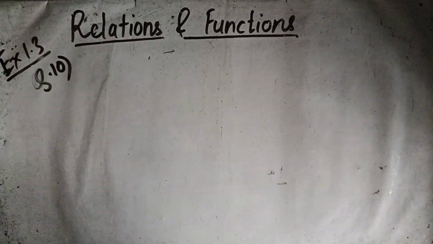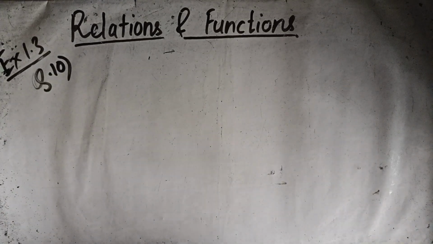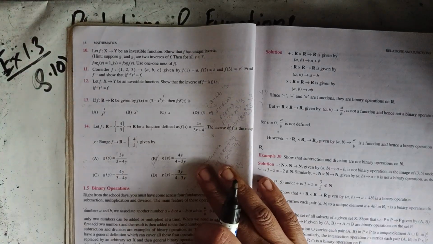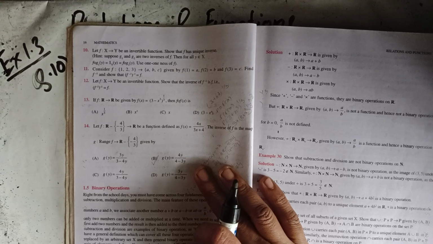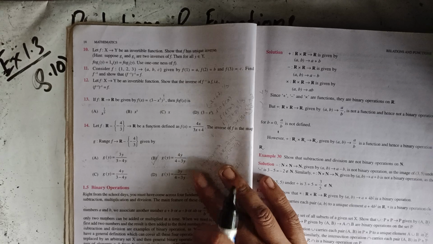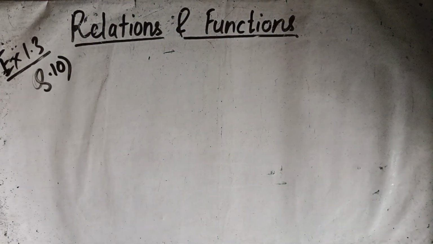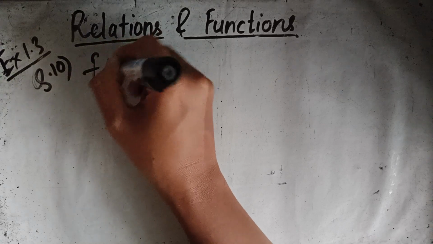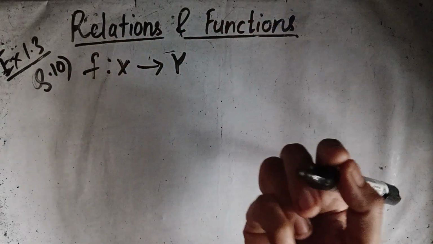Question 10. Let f from X to Y be an invertible function. It is given already invertible. Show that f has a unique inverse. A hint is given. So f from X to Y is given to be invertible.